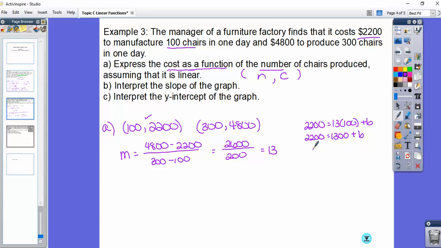If we subtract that 1300 over, we get 900 for our b. So my equation, y equals mx plus b, I used n and c. My cost is 13 times the number of chairs plus 900.